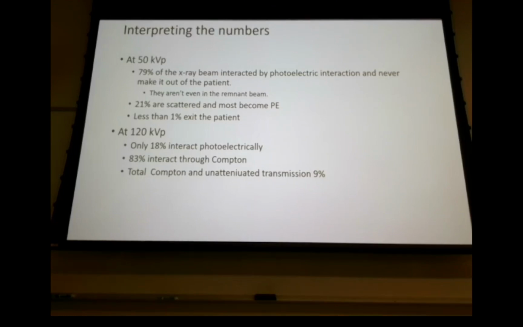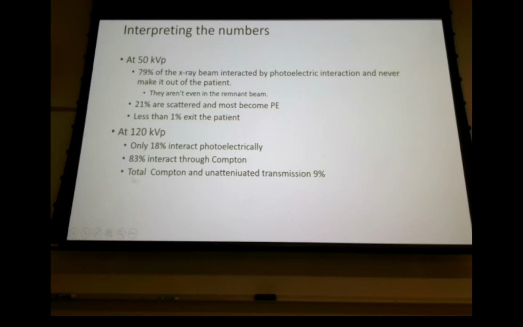At 50 kVp, 79% of the X-ray beam interacted by photoelectric, and at 120, only 18% did. So at 50 kVp, 21% are scattered. At 120, 83% represents your remnant beam. So at 50 kVp, less than 1% exits the patient.